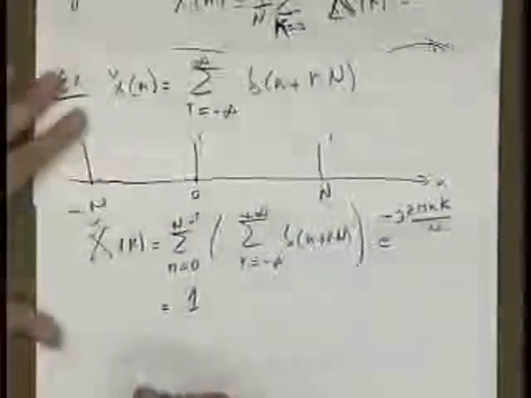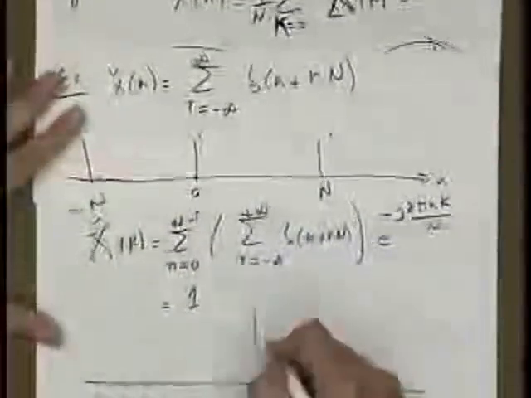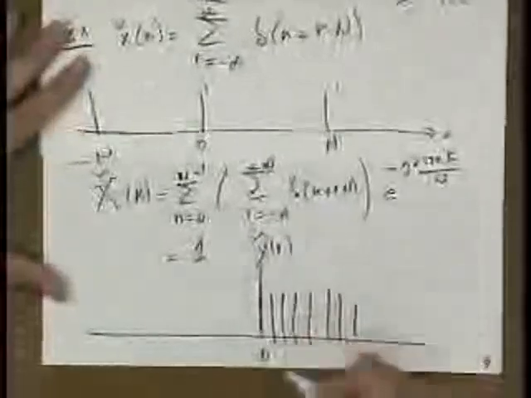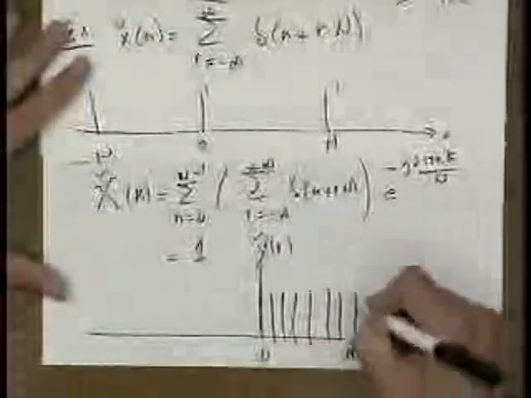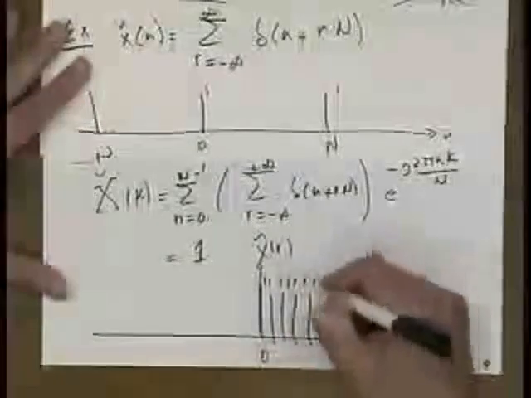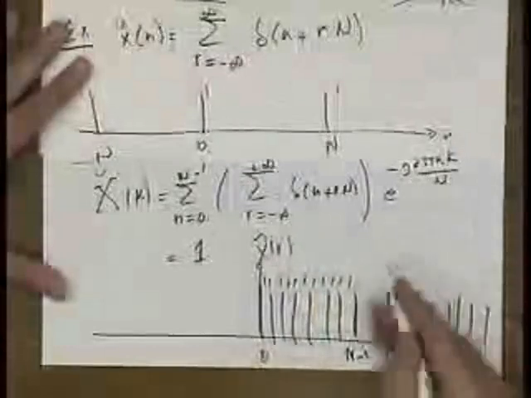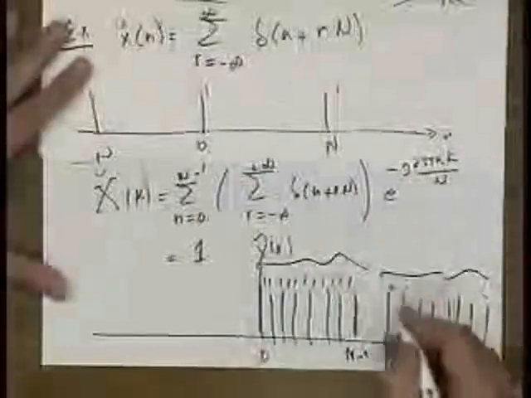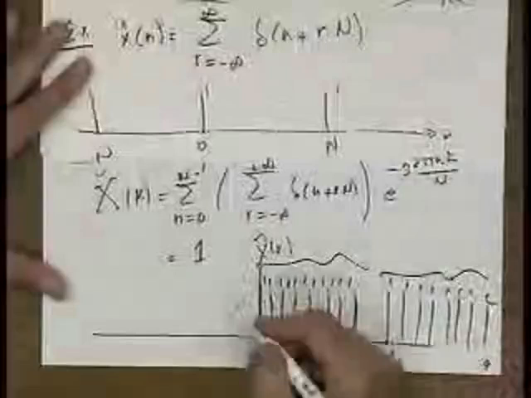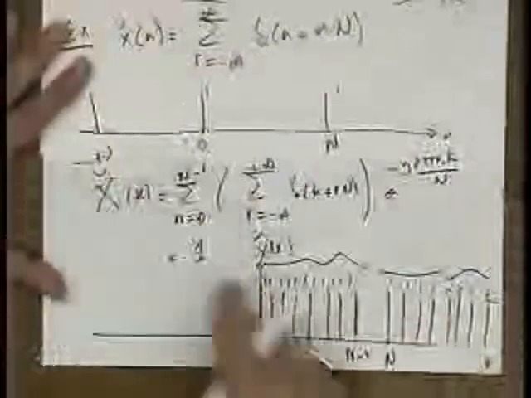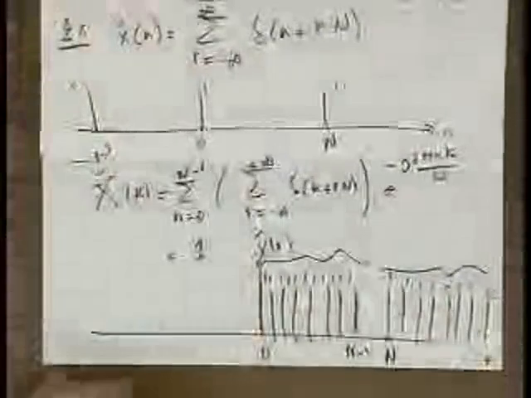And what does this thing look like? It's a periodic sequence of period N, so it goes from 0 all the way to N minus 1, but it happens to be 1, 1, 1, 1, 1, 1, 1. And then at time N, another period, again 1, 1, 1, 1, 1, 1, 1. Is that surprising? No, it's a train of delta functions. You have a 1 here, and you have a bunch of 1s here.